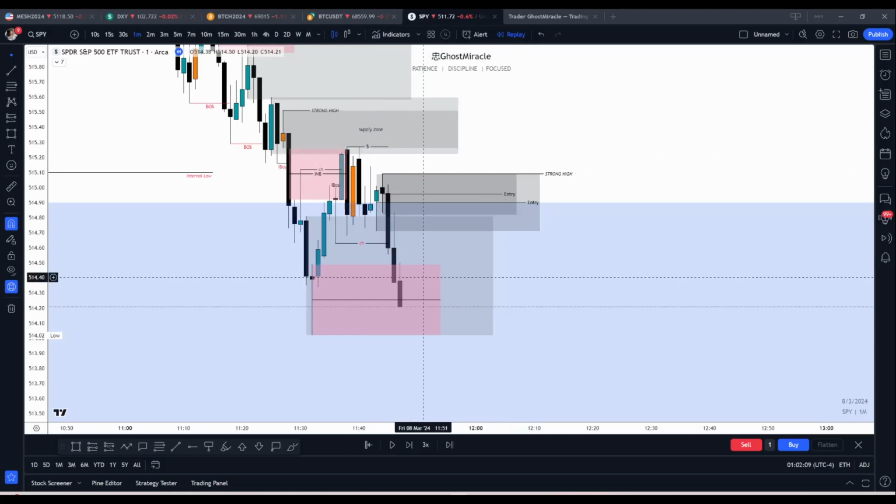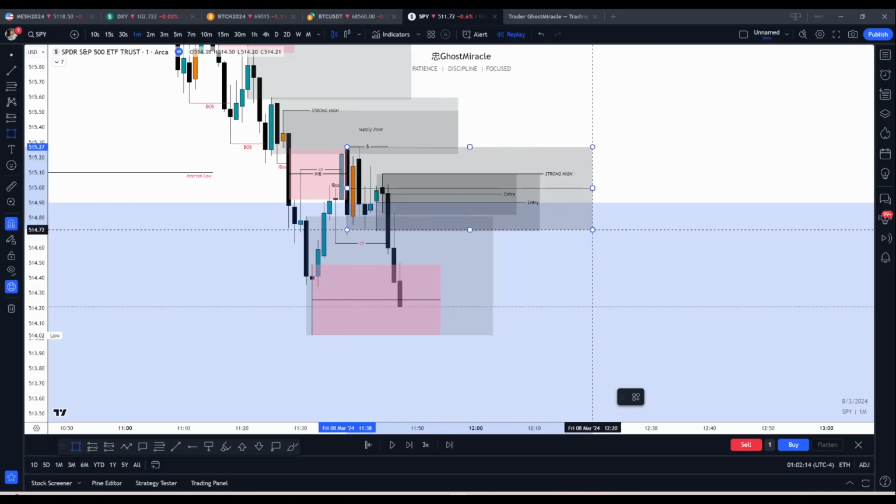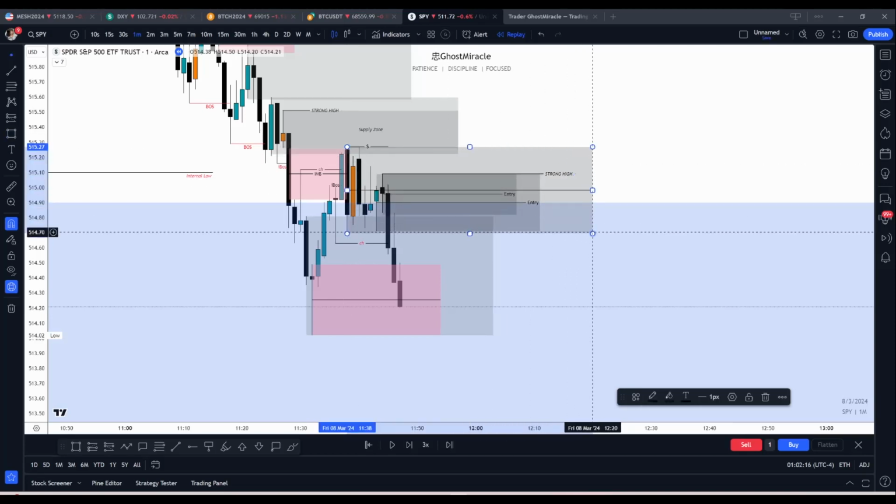I don't remember what price does, but this is still a valid supply zone, right? Because it mitigated this supply zone, making this valid. So as long as price doesn't break above this high, then in my eyes, sells, I would still take the sell entry.